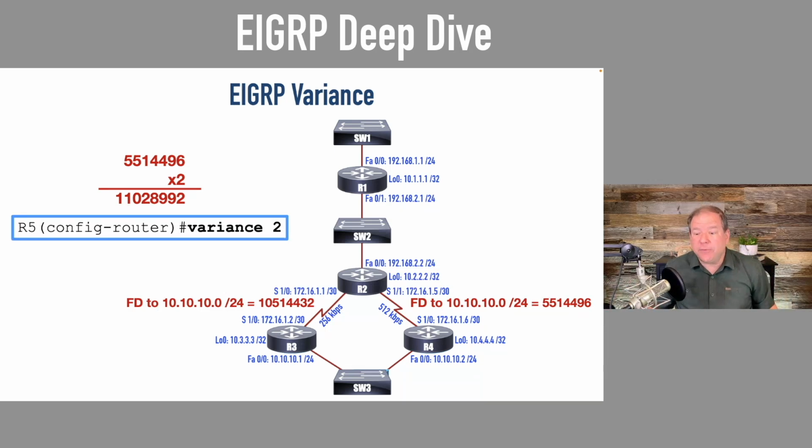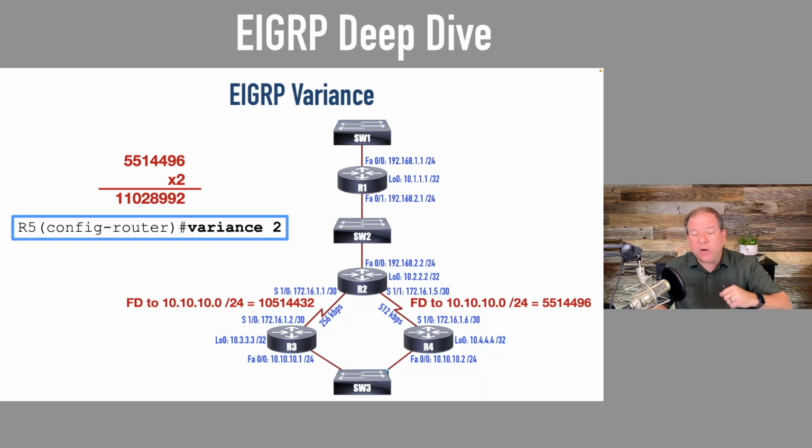I could get there via R3. I could get there via R4. If I went there via R3, my feasible distance is about 10.5 million. If I went there via R4, my feasible distance is about 5.5 million. Okay. Obviously, I want to go through R4 because that's got a much lower feasible distance.